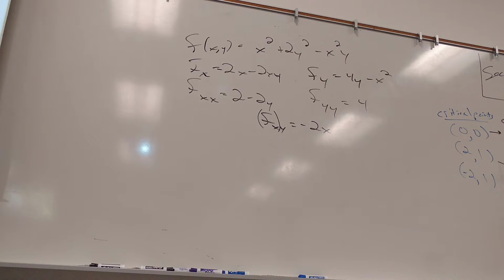I'm trying to change the y so that it's more centered around 1. There. So again, here's the point 2, 1, and it's analogous to the other point we looked at. This way it's concave down, and this way it's concave up.